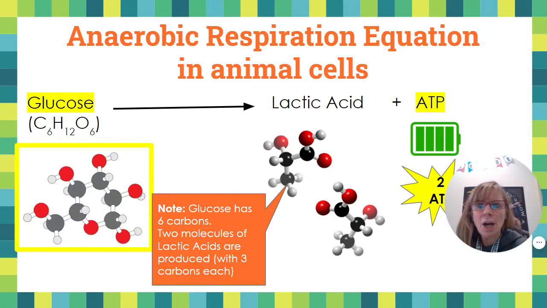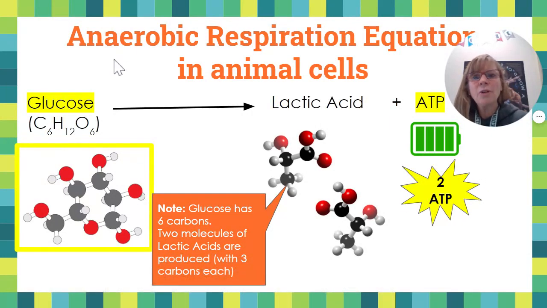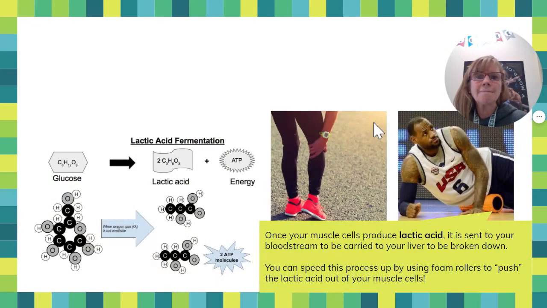You take your 6 carbon molecules from glucose, 1, 2, 3, 4, 5, 6, and it is converted into 2 three-carbon molecules of lactic acid. And here we have our 2 molecules of ATP, so a little bit of ATP made from our glucose molecule when there is no oxygen present.